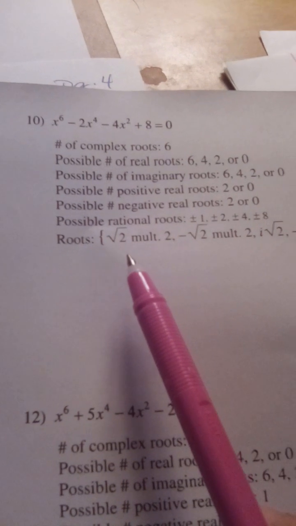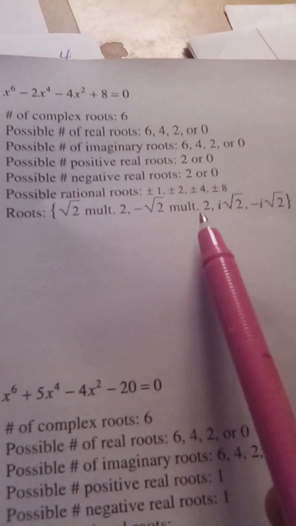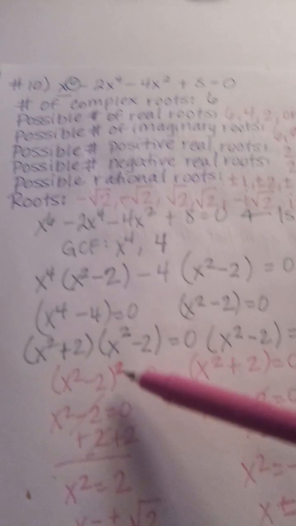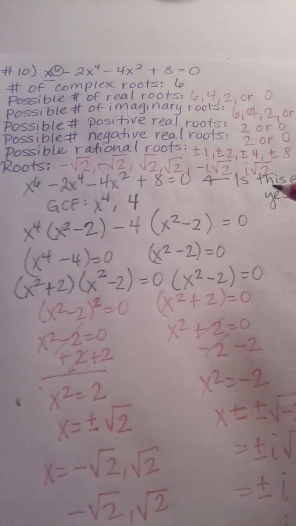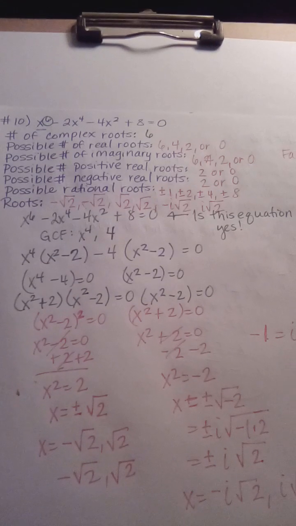Because when you look at the answer sheet, it says square root of 2 multiplicity 2, same thing. That is the reason why. Because there's 6 answers. So we have 1, 2, 3, 4, 5, and 6. That is why there's 2 of these and 2 of these, because of the number 2 right there. Any more questions on this part?